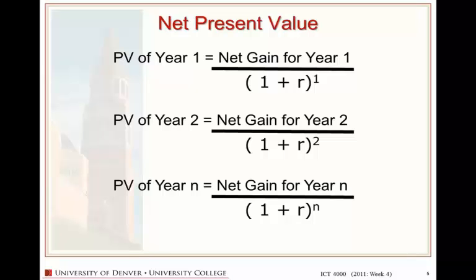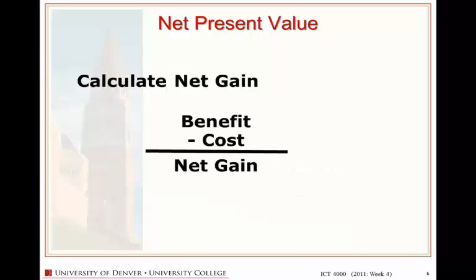So let's see how that breaks out, and we'll again take this step by step and see how you might actually calculate this. First thing you need to do is calculate the net gain. The net gain is simply the benefit minus the cost for each given year. Benefit can be revenue, which is a pretty good one.